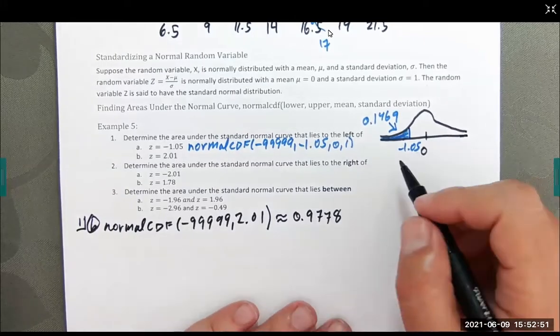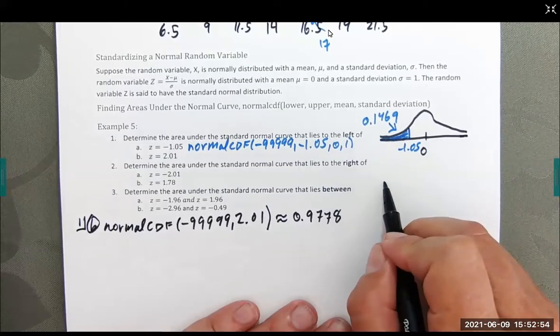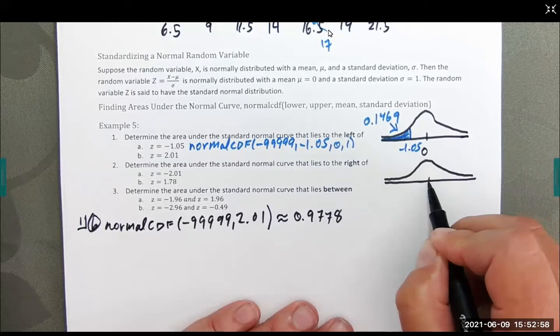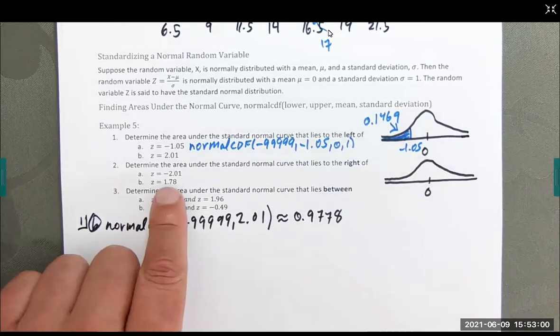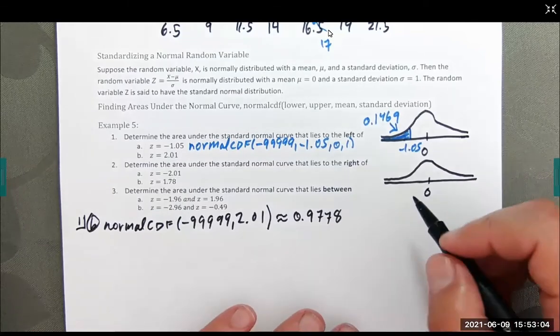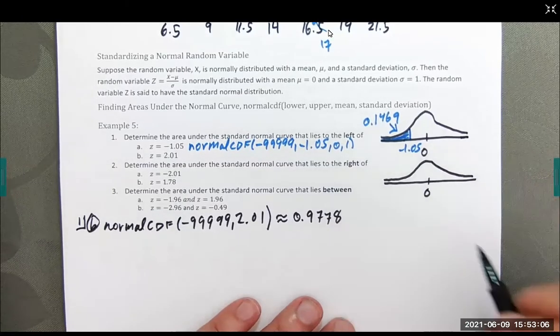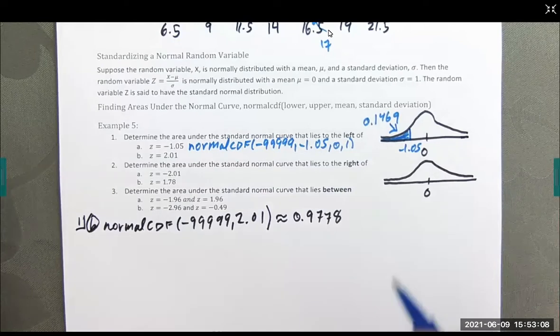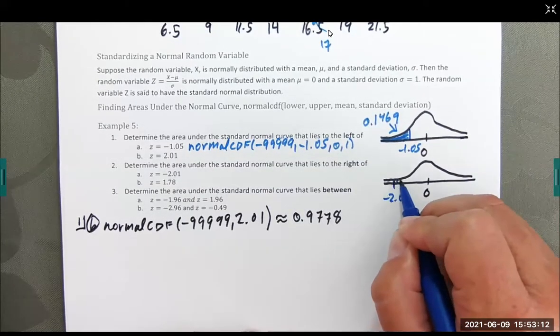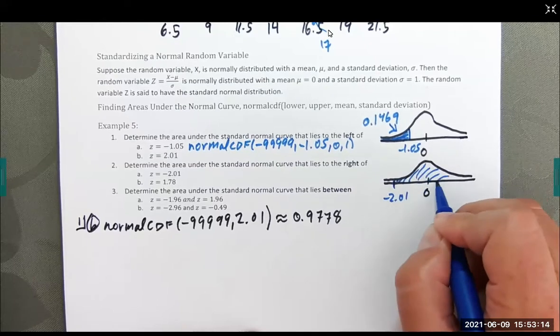And we'll do 2A over here. And area to the right now of negative 2.01. Area to the right is all that. That's going to be a lot of area.